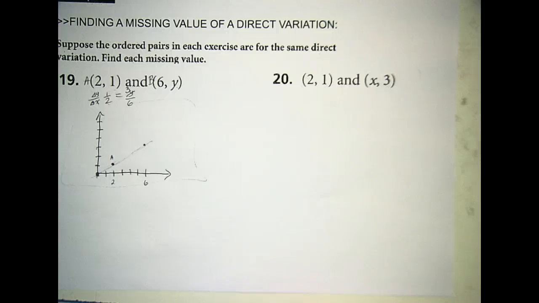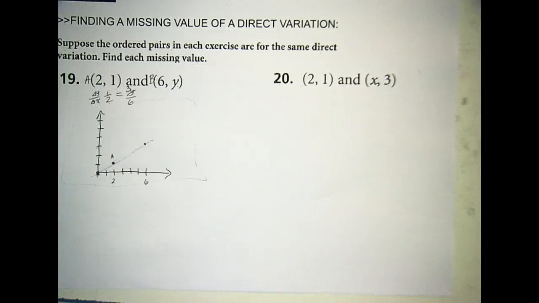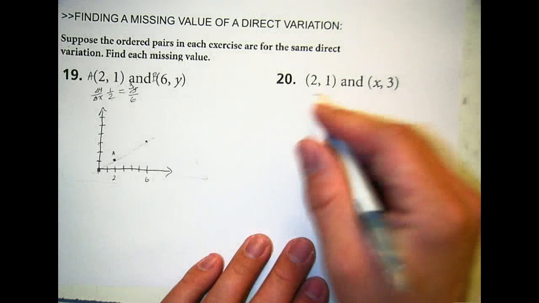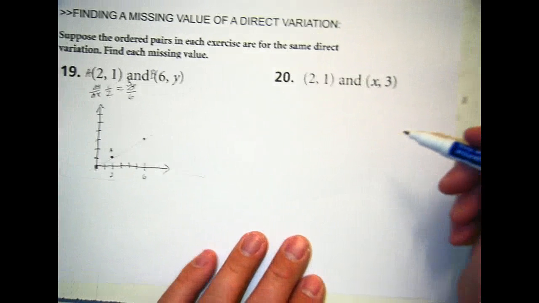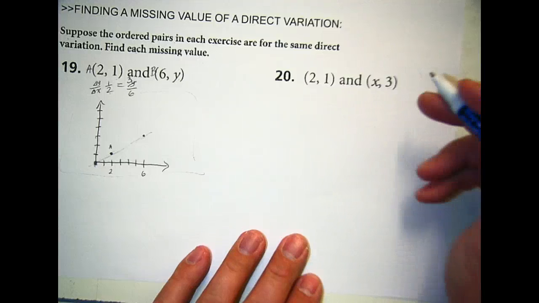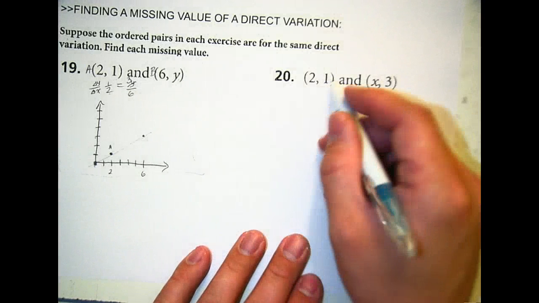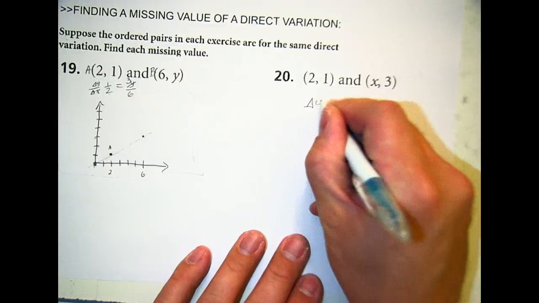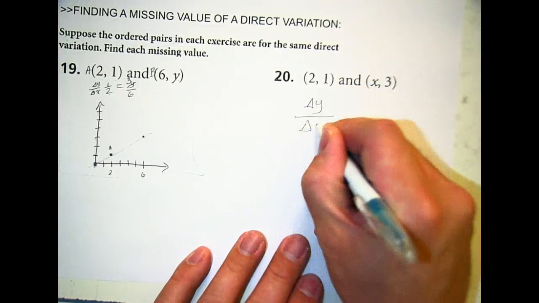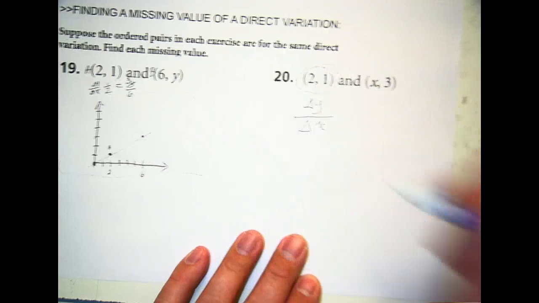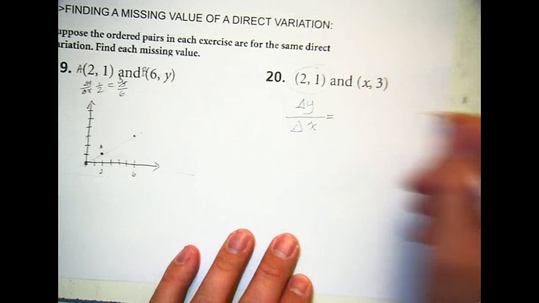I have a bunch of you that would participate, but I need someone new. Bobby. 3 over 6. Okay, how'd you get that? It's the same as number 19 except the x and y are switched. Okay, so we have change in y over change in x. So based on this, JC, what's the y?